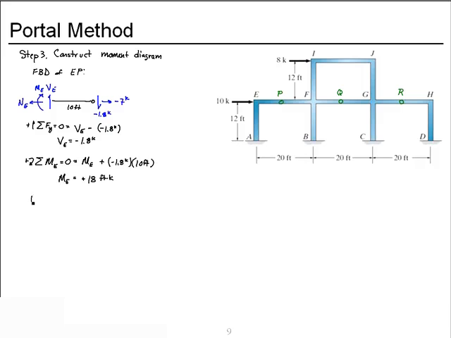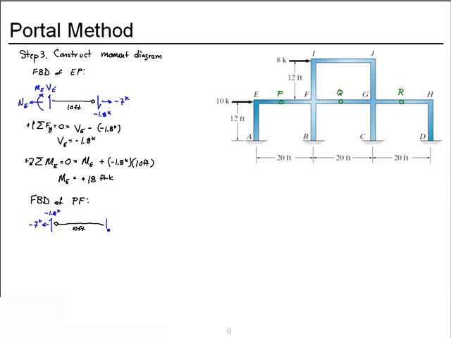Now let's draw a free body diagram of P to F, the other half of that beam segment. This is also 10 feet long. We see that the shear at P is minus 1.8 kips. The normal at P is minus 7 kips.